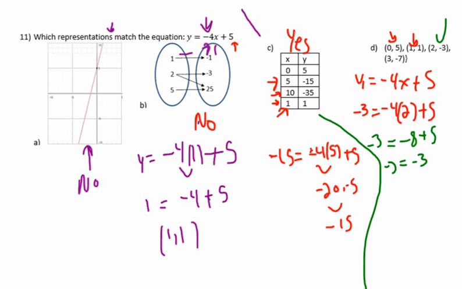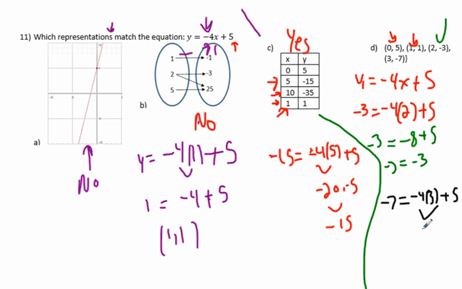The last point to check is, because in order for these ordered pairs to represent this equation, every single one has to represent the equation. We know the first three do. So the last one we have to check is the coordinate 3, negative 7. So we're going to substitute the negative 7 for y and 3 for x.